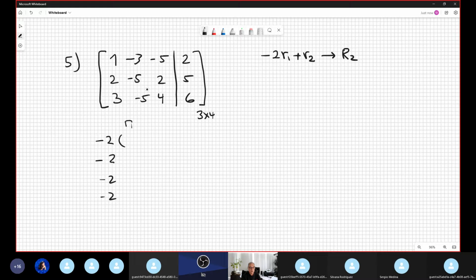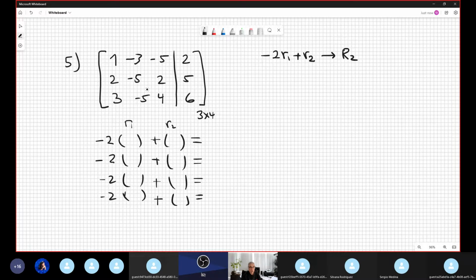This is row 1, plus row 2, equals something. You can do it mentally or not. So what is row 1? Row 1 is 1, negative 3, negative 5, and 2. I copy that.